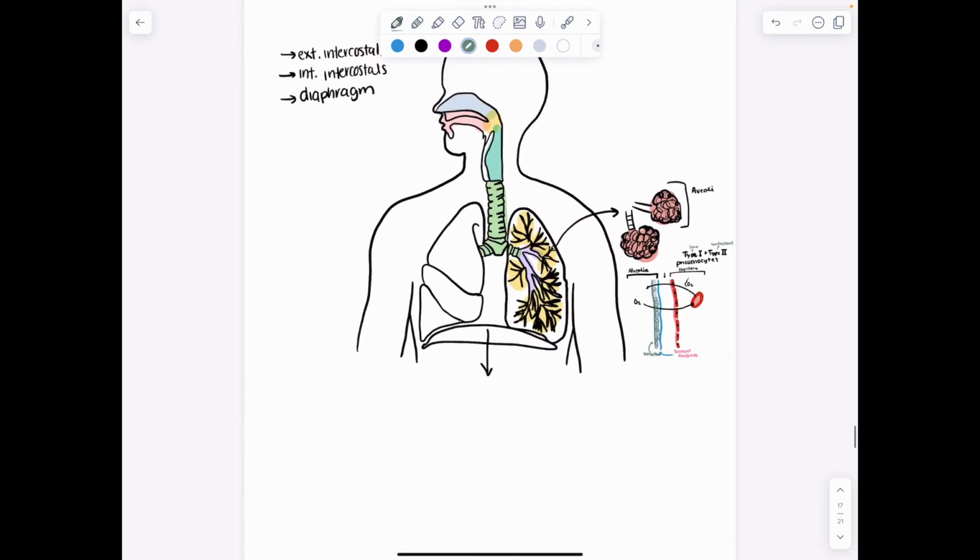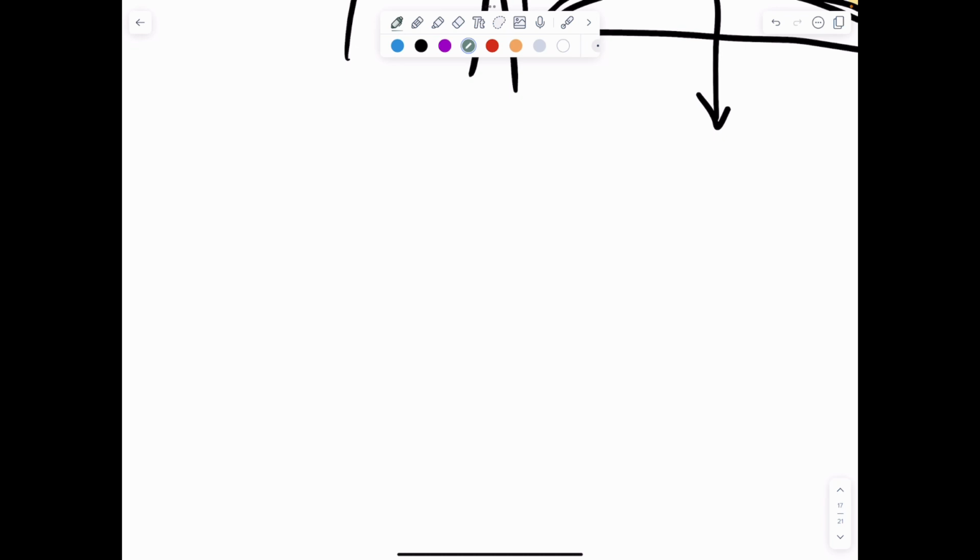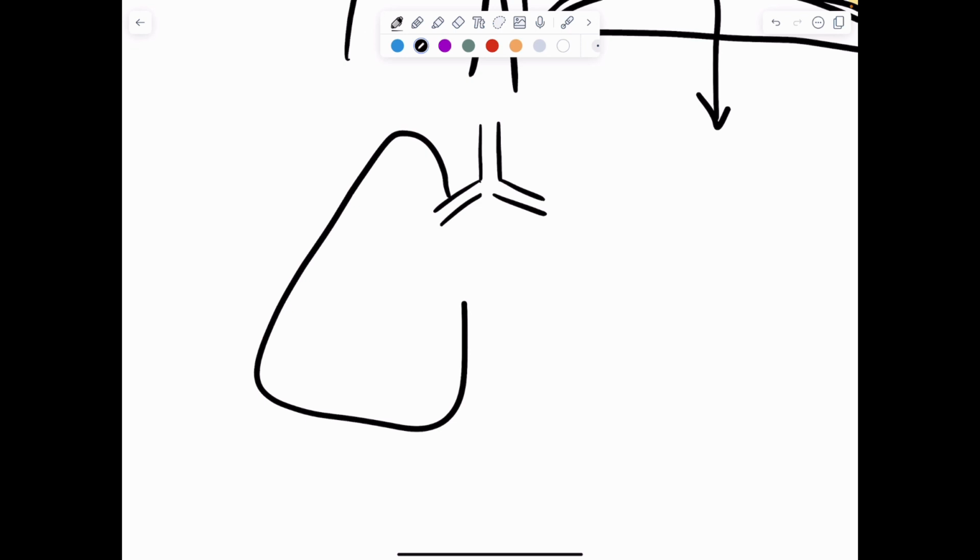Now, if we look specifically at the lungs, and we can kind of divide the lungs, again, in lab, we're going to get into a little bit more detail. But if I were to draw the lungs, we had our trachea, and then our bronchi, they kind of come out. But let's just focus on the lungs themselves. So on the right side, we'll start with the right. I'm going to have 3 lobes.